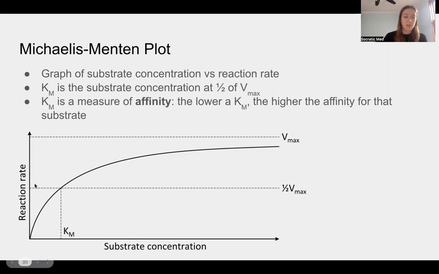As we talked about earlier, we have our Vmax, which is right above where this will plateau at the maximum reaction rate. Km is our substrate concentration at half of the Vmax, and Km tells us a lot about affinity. As I said a little bit earlier, the lower your Km, the higher the affinity for that substrate.